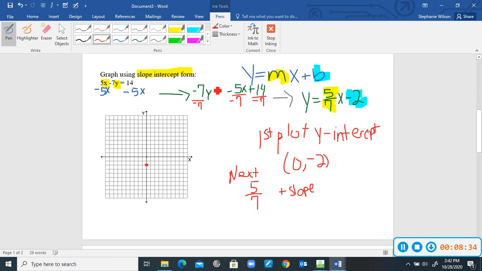Well, another way to look at it is that slope is y over x. So if it's positive, we're going to go up the number of y values, and to the right the number of x values.